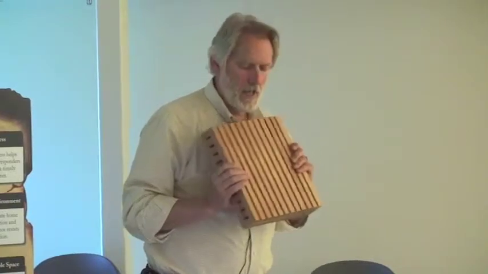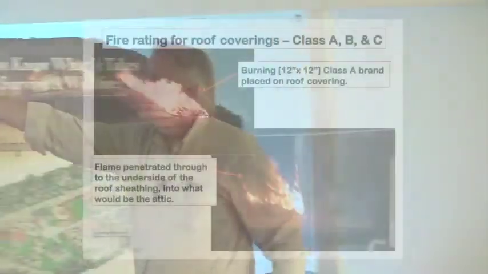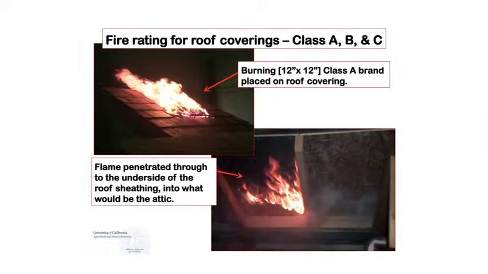It's porous. You ignite this, you put it on the deck, and you wait to see whether, by the time this burns out or by the time the burning activity on the roof stops, you have fire penetrating through the deck into what would be the attic. If you do, then you don't have the Class whatever roof.